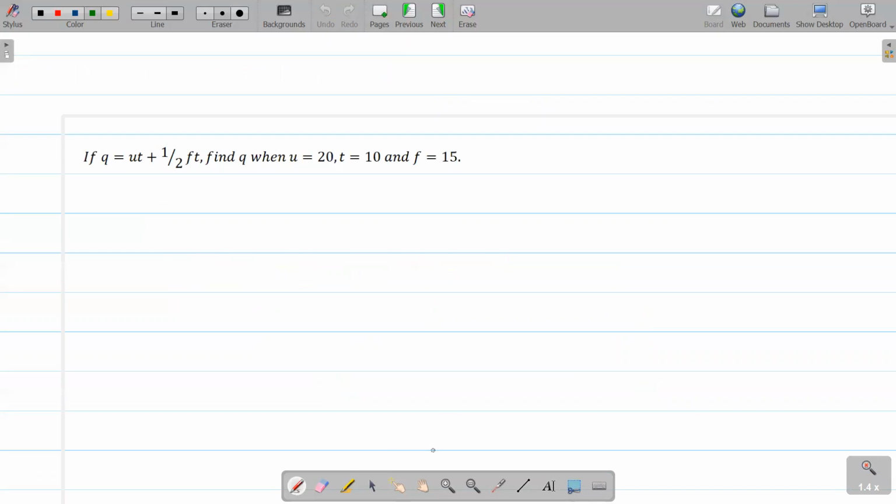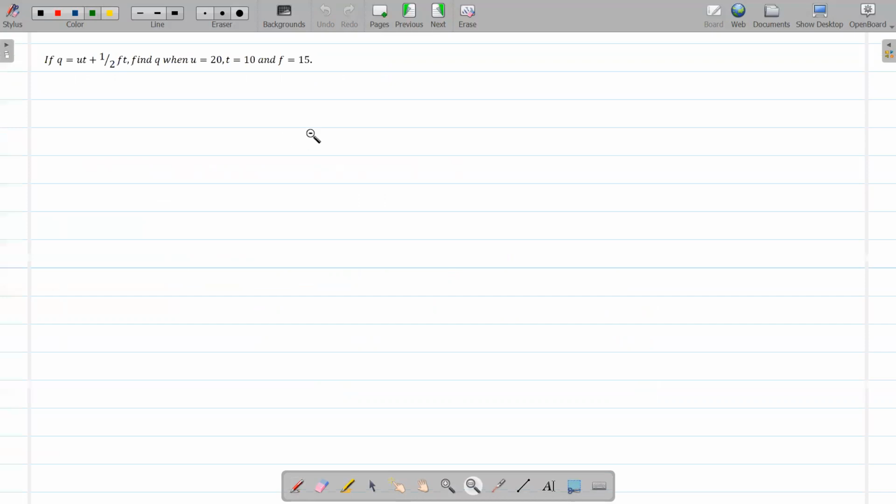So if Q is equal to UT plus half FT, find Q. I don't think you can see clearly because of the screen size. So we have Q being equal to UT plus 1 out of 2 FT.